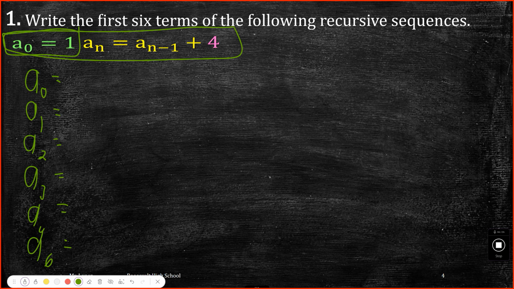It's arithmetic. So if it is arithmetic, there was only 2 that I gave you. So A0 is what? So what would be the next one? What's the common difference? So what am I going to do if it's arithmetic? Add. 1 plus 4 is?